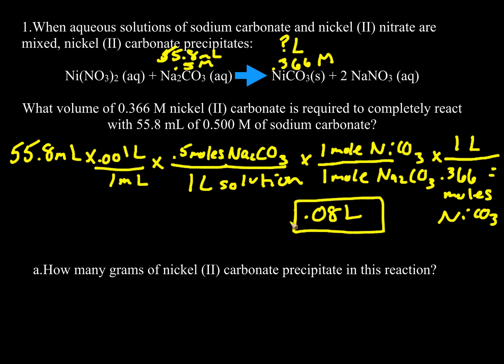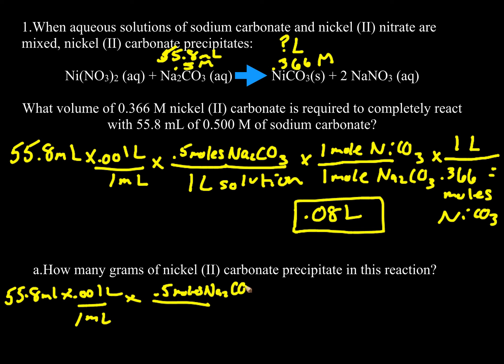So now the bottom question here, it says, how many grams of nickel 2 carbonate? Okay, so I'm just going to rewrite everything here. You don't need to do this.